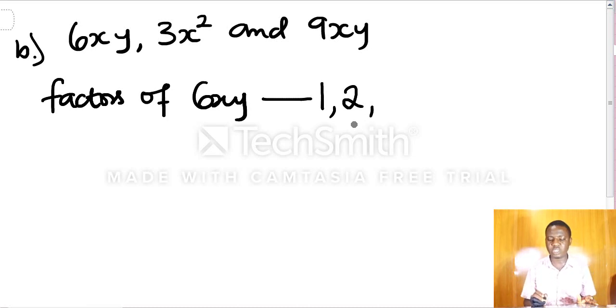All these factors I'm getting are those numbers that can divide 6xy without a remainder. And for you to be able to understand this topic very well, you should be conversant with your multiplication table. You should be able to know all those numbers that are multiples of the smaller numbers. So 3 can divide, 4 cannot go, and 6.